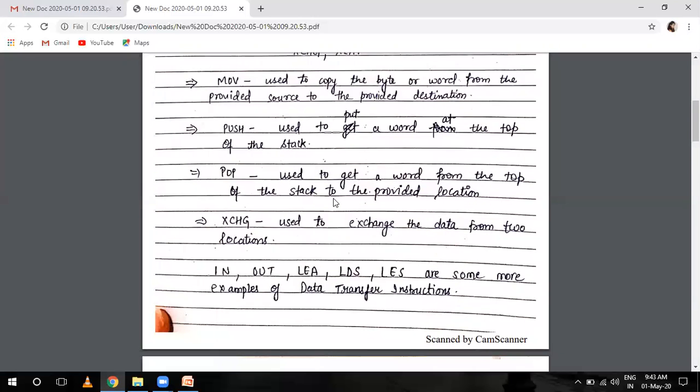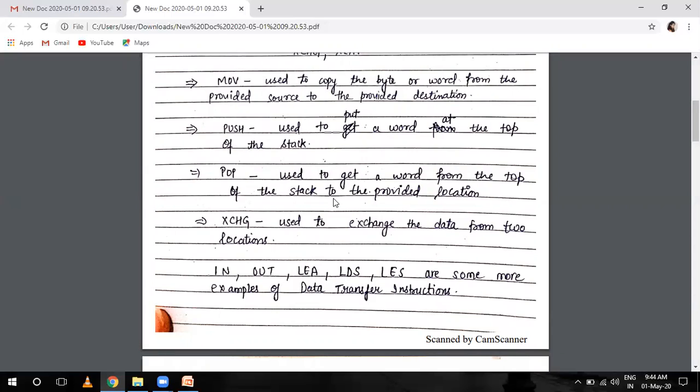Next are the input and output port instructions. IN is for input and OUT is for output. Input is used to read a byte or a word from the provided port to the accumulator, and the output instruction is used to send a byte or a word from the accumulator to the provided port.